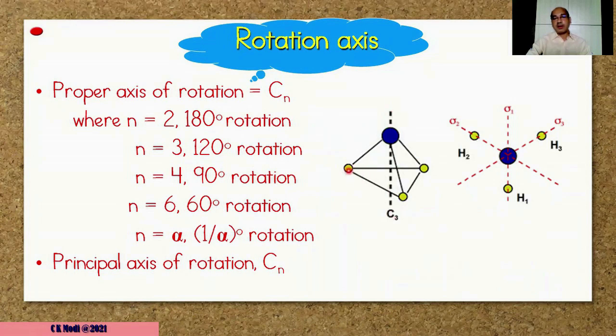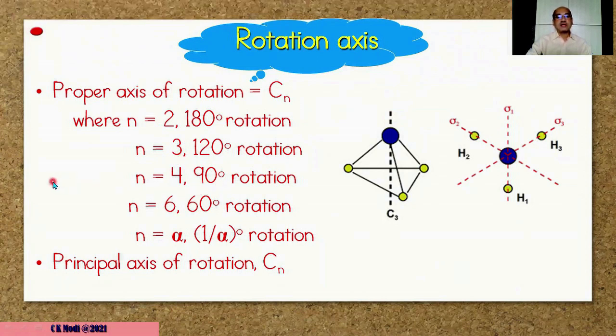So all of you keep in mind that only after performing 120-degree rotations, if I consider this as an NH3 molecule, this is nitrogen, and these yellow circles indicate the hydrogens. So these are the three hydrogens. If I perform 120-degree rotations, all these three hydrogens interchange their positions. So this is called an equivalent structure. That is 120-degree rotation. Therefore, 360 divided by 120 gives n equal to 3. So this rotation axis is called C3.